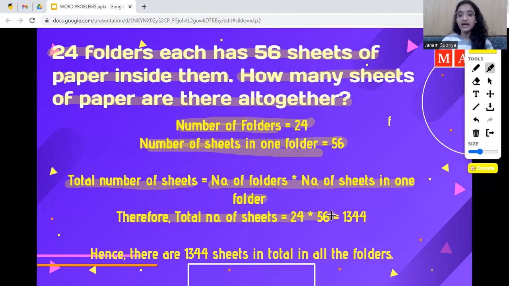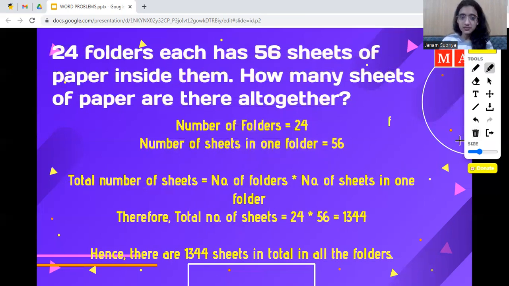If you multiply and check, you will get 1344. Hence there are 1344 sheets in total in all the folders. So that's how we proceed whenever a single object's value is given, that is, having a number of things in it or on it.